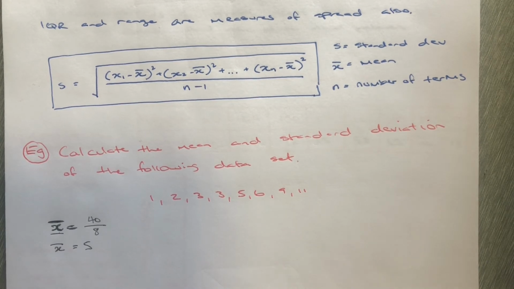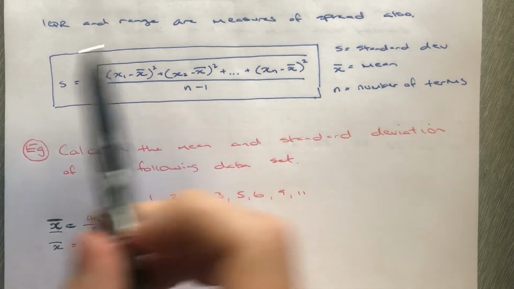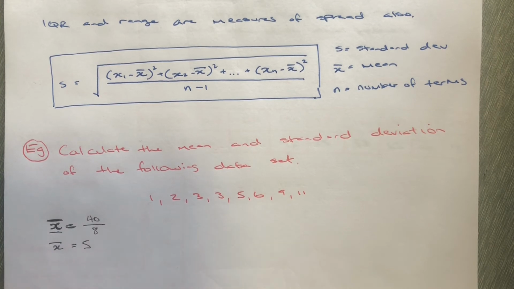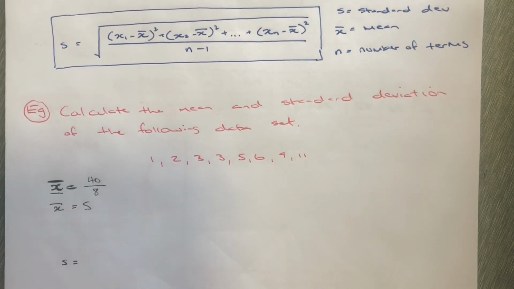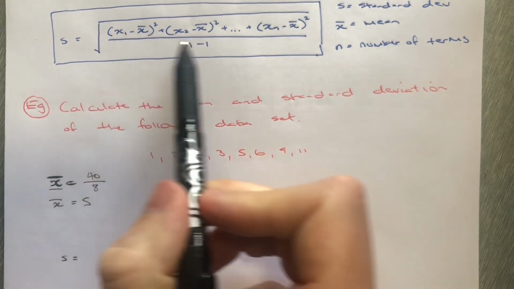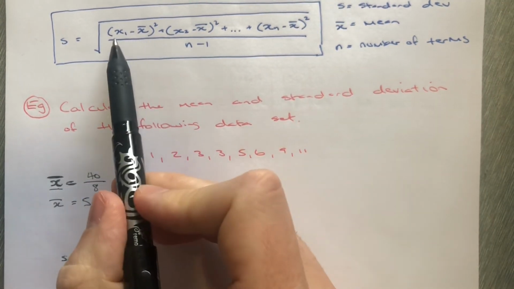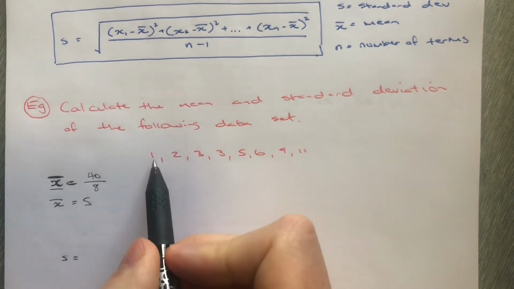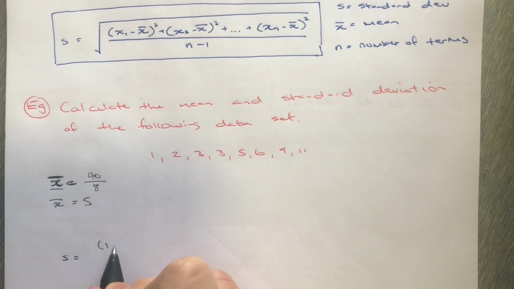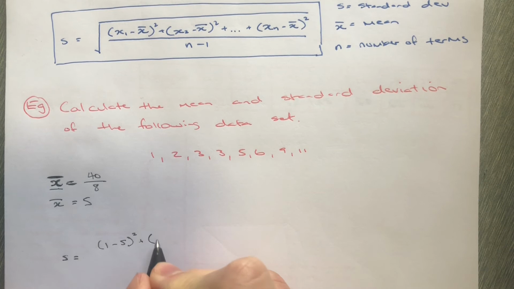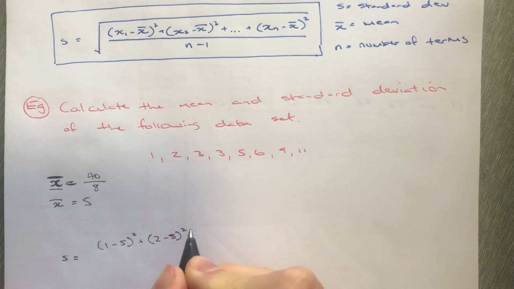Now we need to do the standard deviation. So we're going to be using this formula here. So my standard deviation equals, all right, now I'm just going to focus on what's going on here first. This is saying the first term, take away the mean and then square it. So that's 1, take away the mean, which we worked out to be 5, and then square it. I need to do that for every term. So the next term is 2, take away the mean, square it.